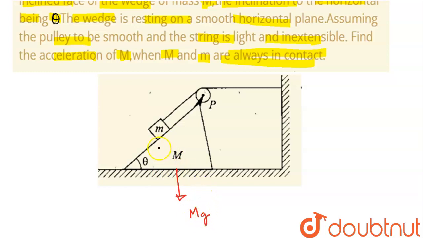There will be some normal force over here, let's call this N1, and the normal force because of the wedge of capital M as N2. Here will be normal as well, N1. This one is moving downward with some acceleration. Here will be tension again. And this is also moving in this direction with the same acceleration a.